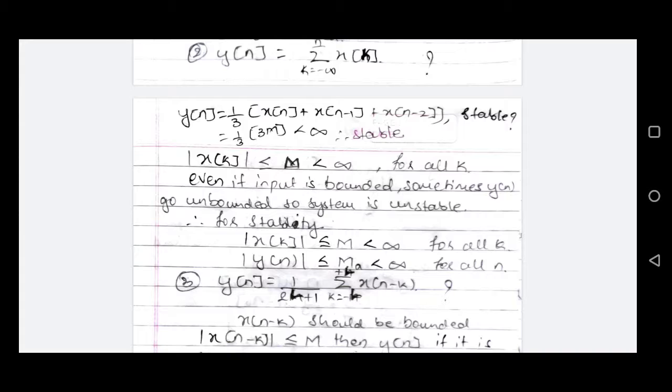So 1 divided by 3, if all three instants are added together for finite value, it will be 3m. So the output will be equal to m, a finite quantity which will be less than infinity. So the system is a stable system.